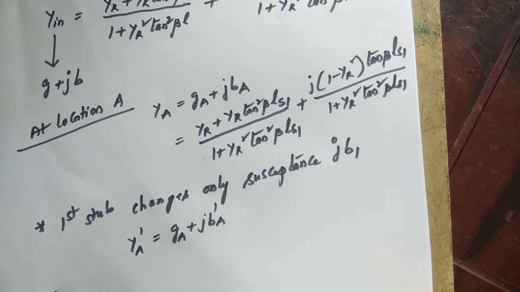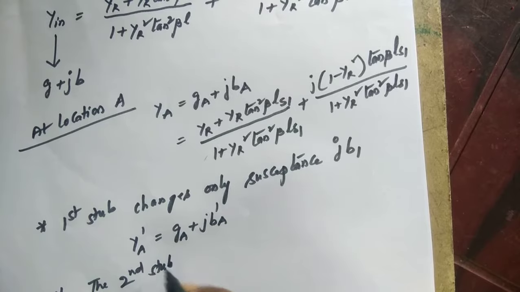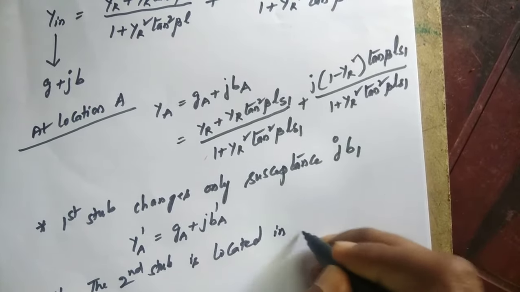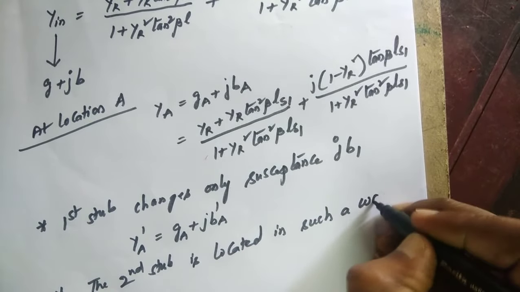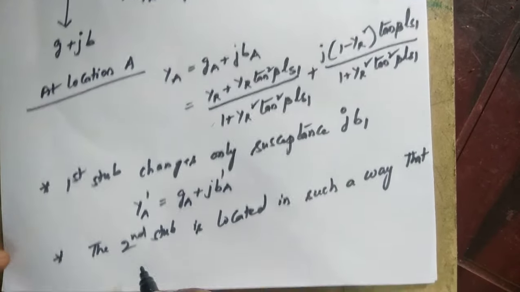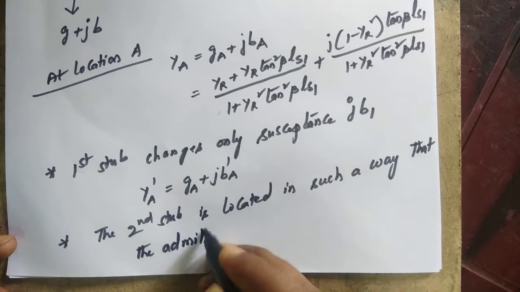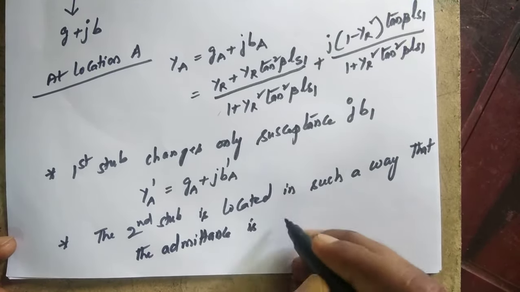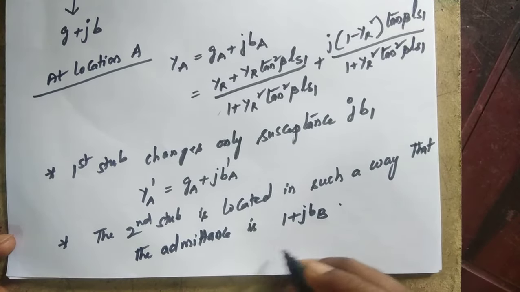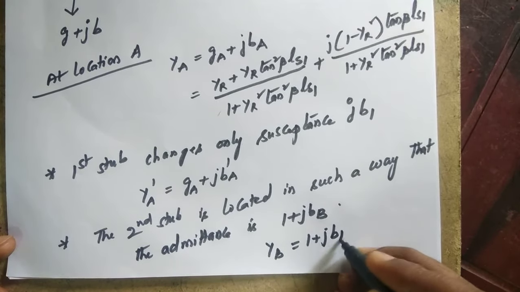And similarly the second stub is located in such a way that the admittance is 1 plus jBB, so that this YB will become 1 plus jBB.